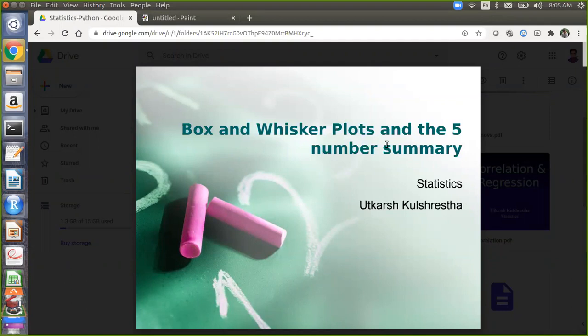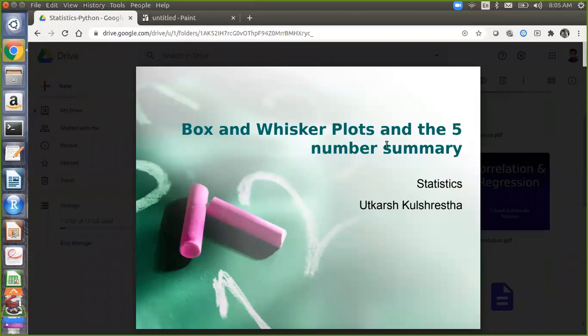I hope all of you have seen box plots in your Python classes, right? If anybody wants to answer, why do we use box plots or what is the significance of a box plot? Box plots are used basically to identify outliers.